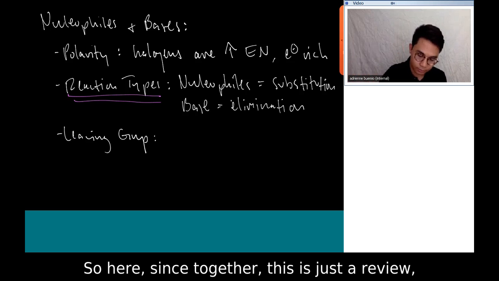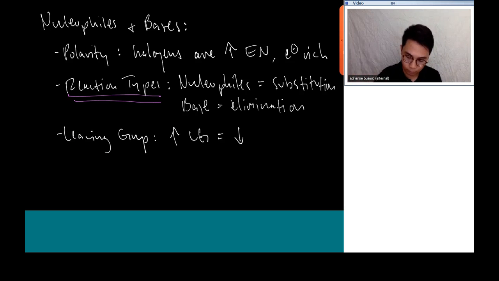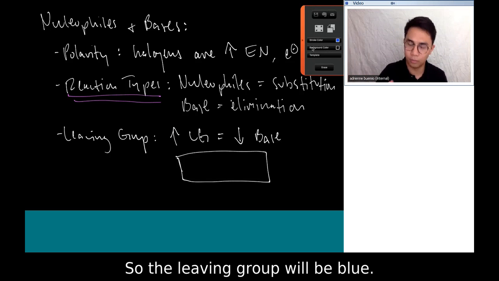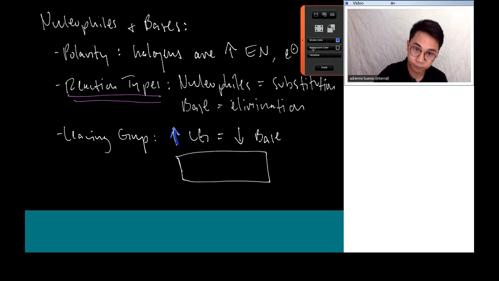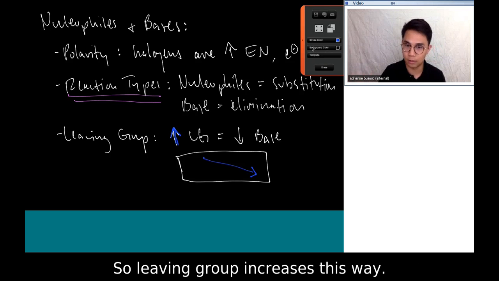So here, since this is just a review, the better the leaving group equals the weaker the base. Weaker the base, right? And this is kind of the trend for that. So this is the periodic table. And let me actually color this. So the leaving group will be blue. And the leaving group increases down this way, right? So leaving group increases this way.